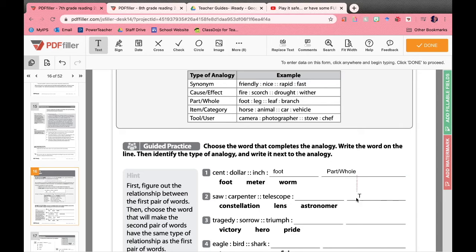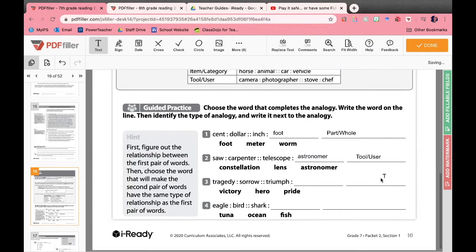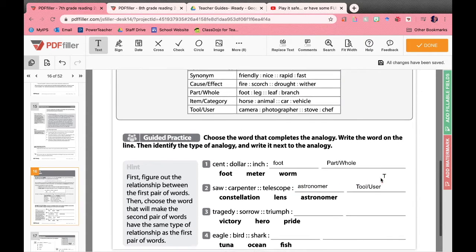Tool to user, right? So we already know it's going to be tool to user. So if a carpenter uses a saw, who uses a telescope out of a constellation, lens, or astronomer? An astronomer, because an astronomer is a type of scientist that uses a telescope to look at the stars, right?